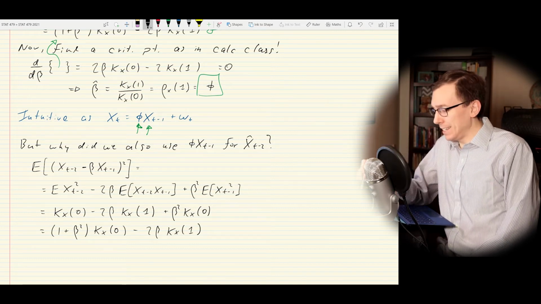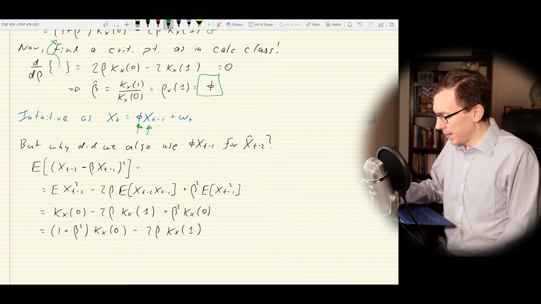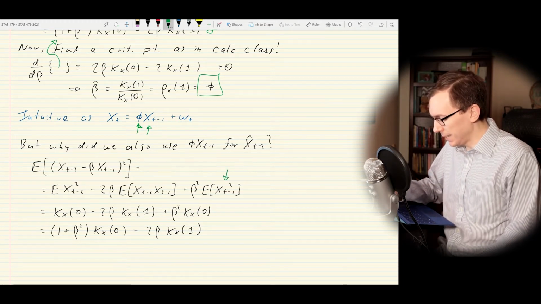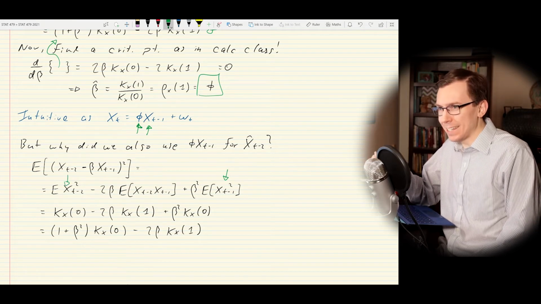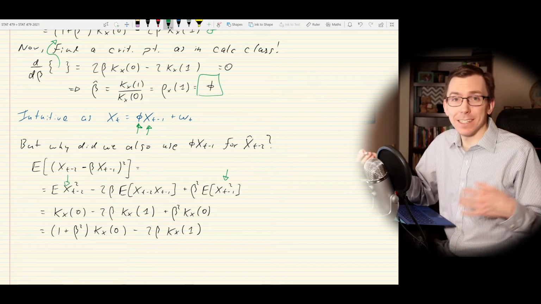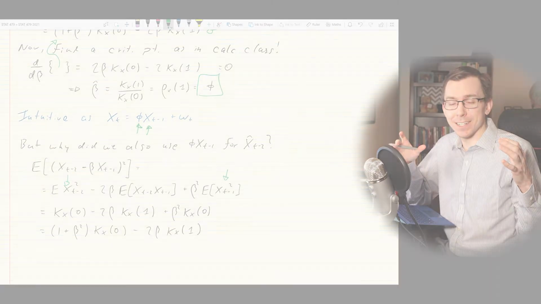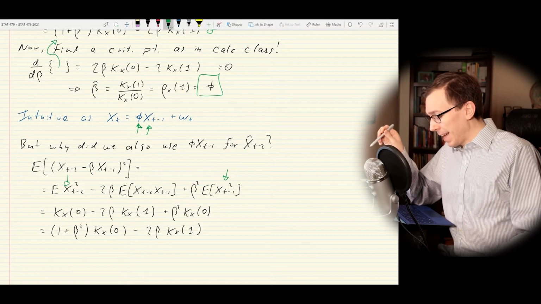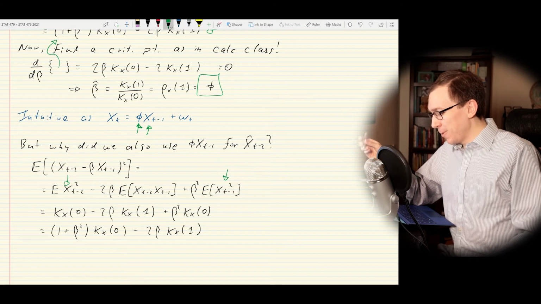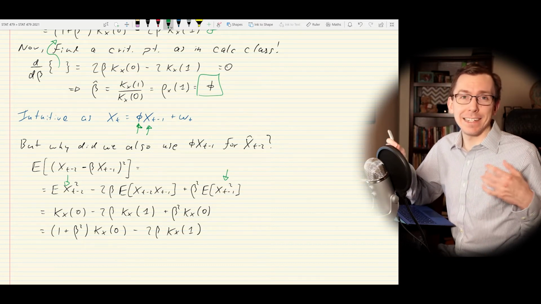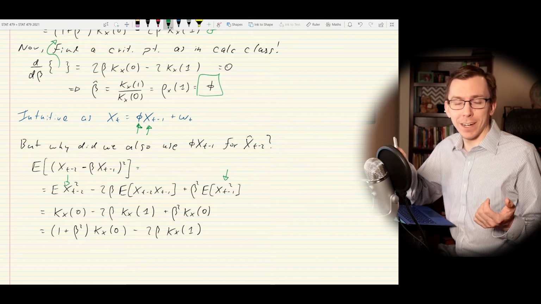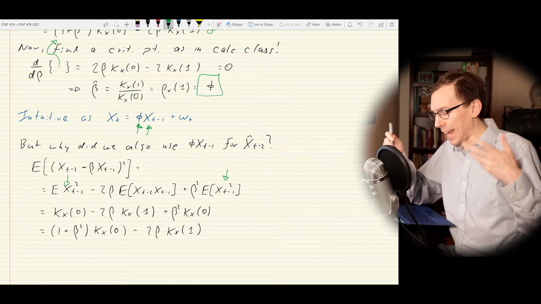So again, the idea is that there is a symmetry to this. Whether I have a t minus 1 here and a t minus 2 here, or a t and a t minus 1, it's still just the stationary autocovariance. So let's look at this again. Whether we have t-1 and t-2 or t-1 and just t, we still just get kx at 0, the stationary autocovariance, which is just the variance at lag 0.